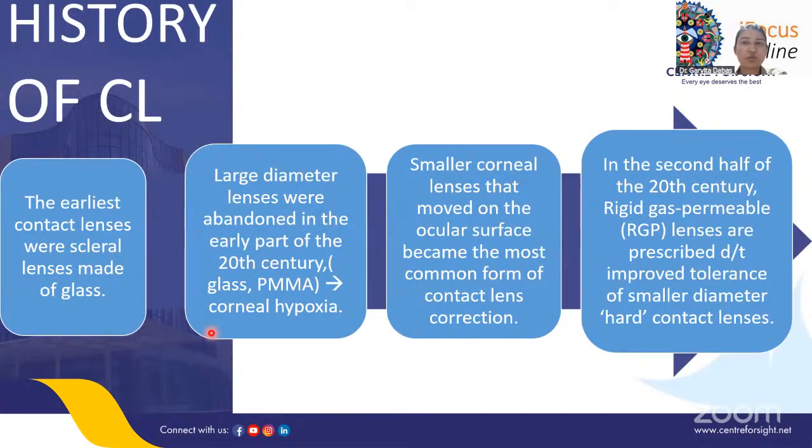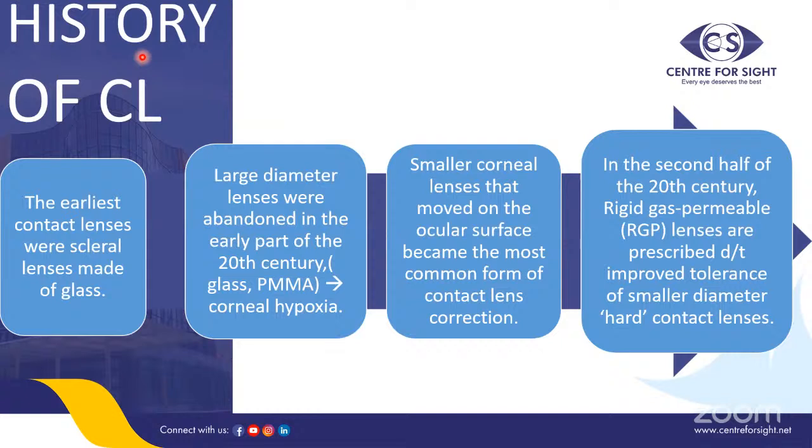So now coming to contact lenses. The earliest history was when contact lenses, particularly the scleral lenses, were made out of glass. However, as we can all imagine, it must have been very painful and very difficult to fit these contact lenses.